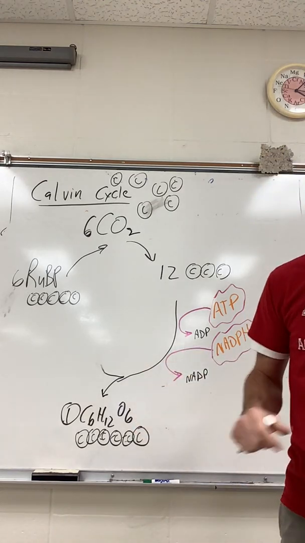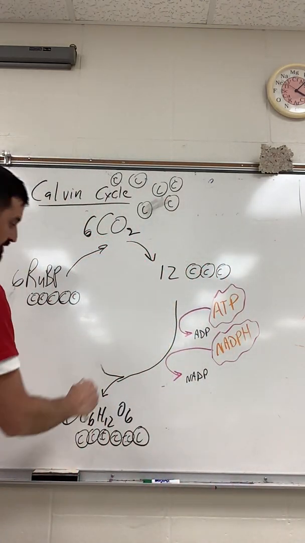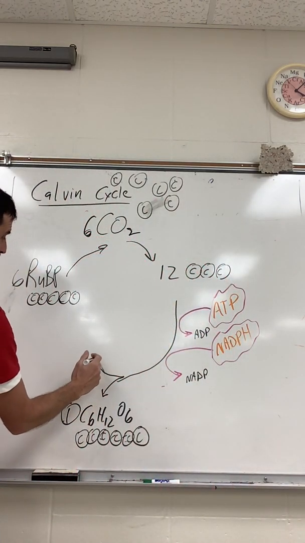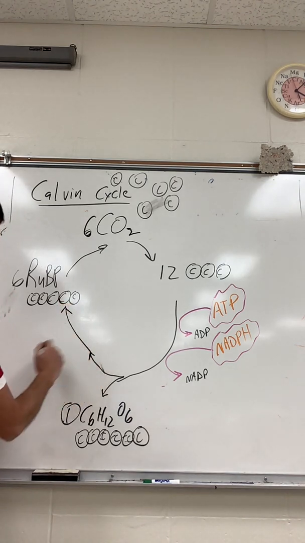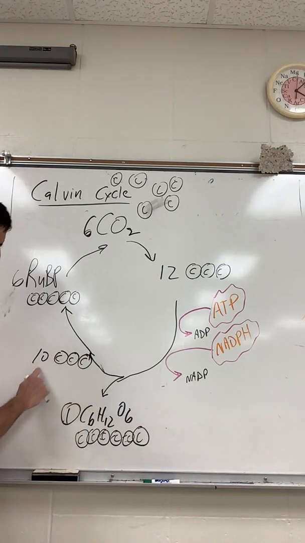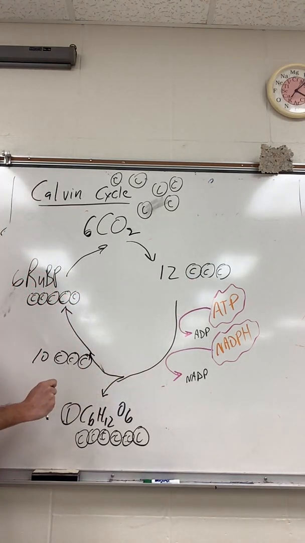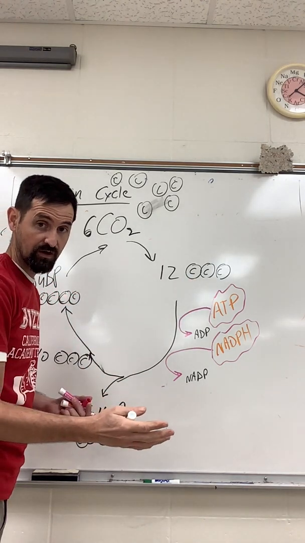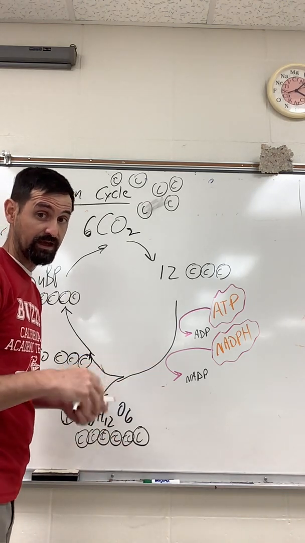So once we pull those carbon compounds out, instead of having 12 3-carbon molecules, we're going to only have 10 3-carbon molecules. 10 times 3 is 30. 12 times 3 is 36. Where did our 6 go? They ended up being pulled out, but as a different form, as glucose.